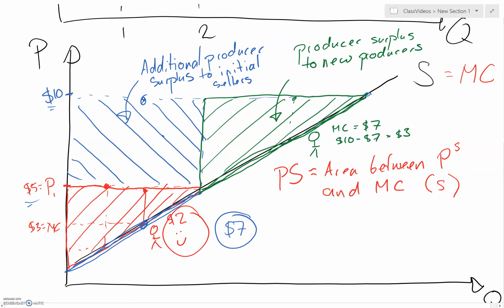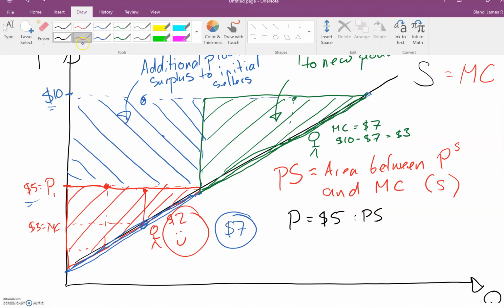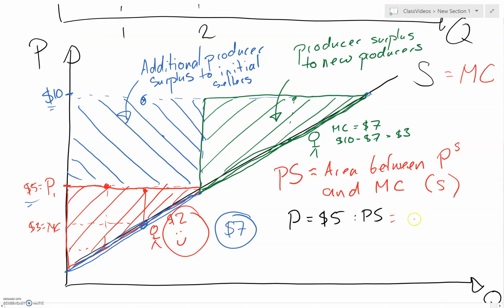So at a price of $5, producer surplus is just equal to the red area.